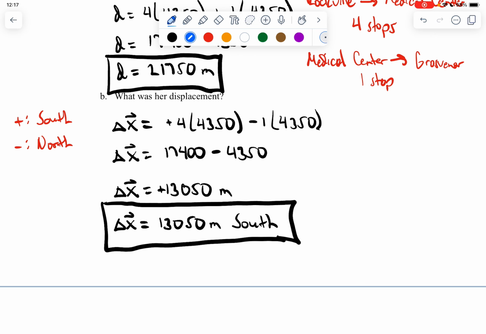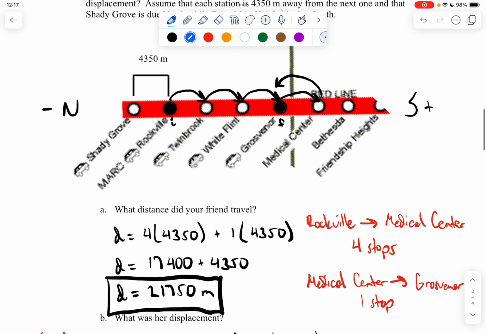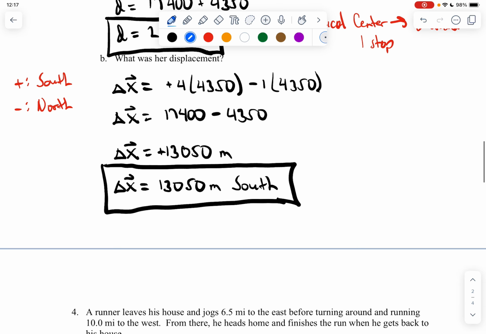And then from there, we want to subtract the Medical Center back to Grosvenor because that's going north, which is what we're calling the negative direction. So by subtracting that additional 4,350, we get 13,050. Basically, it means we've traveled 13,050 going south.